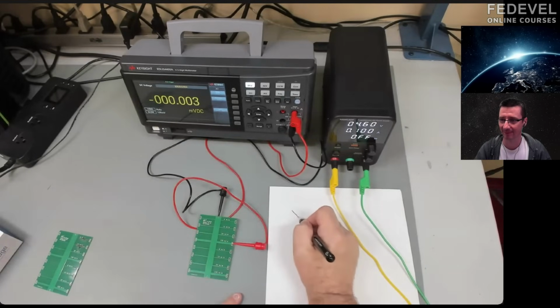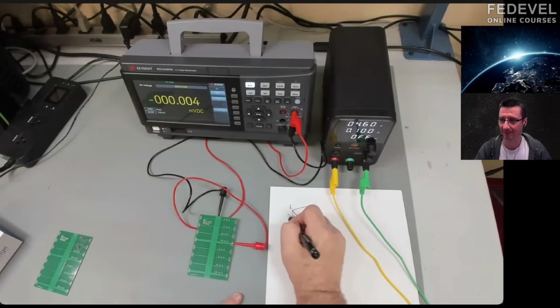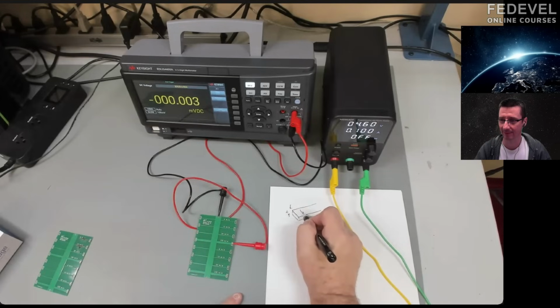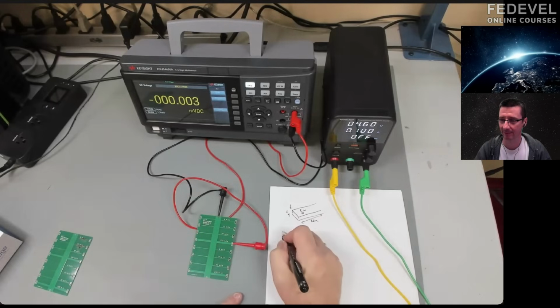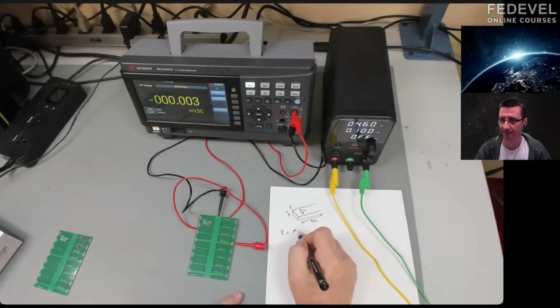I'm going to draw a little picture here of a trace. So here's the view of a trace, and it's got some thickness to it. It's got a line width, and it's got some length. And the resistance is going to be the bulk resistivity, a term that is a measure of the material property of copper, times the length divided by the cross-sectional area.